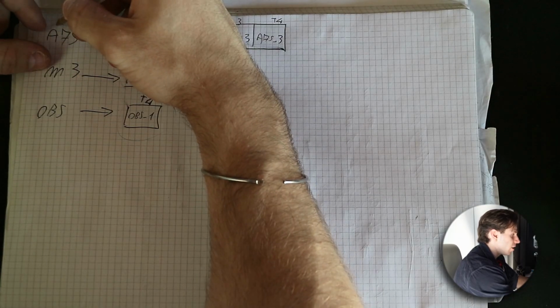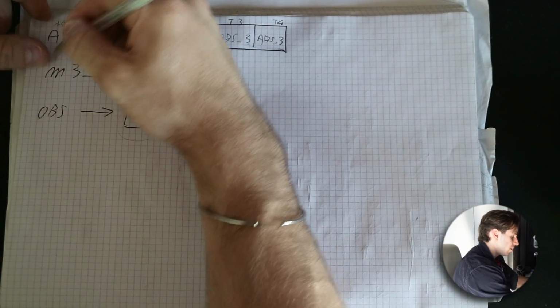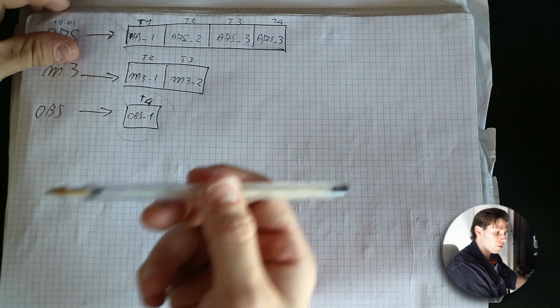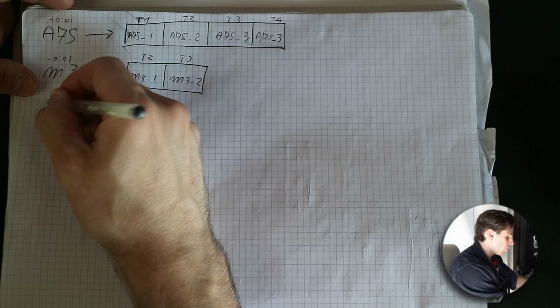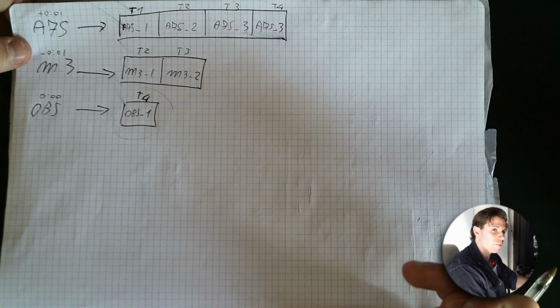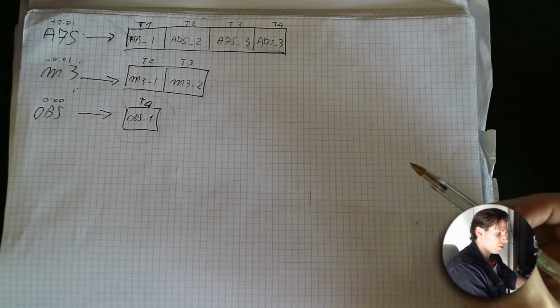I mean, for example, the A7S may be shifted by 1 second, this one maybe shifted back by 1 second, and this one may be the actual reference. But what I know is that they are not perfectly synchronized.